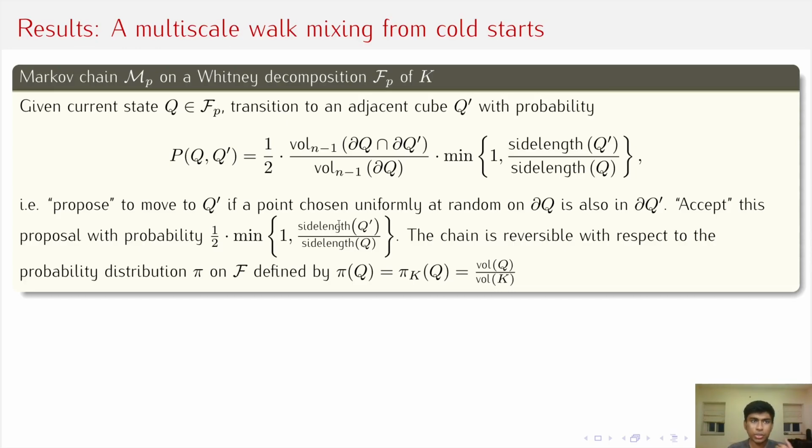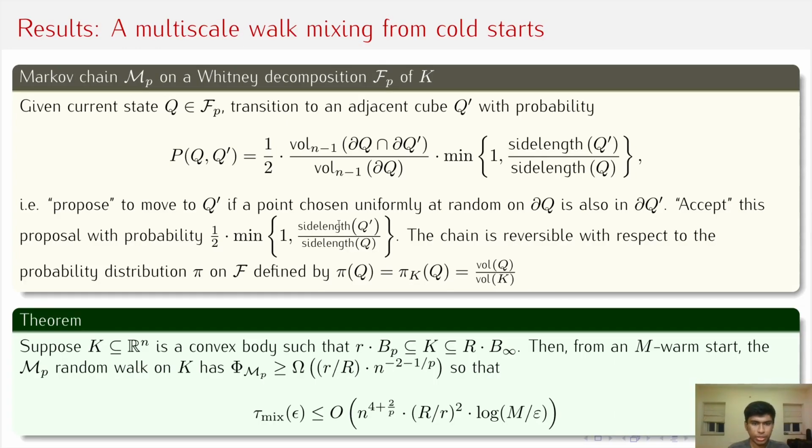So our result shows that this Markov chain mixes fast from a cold start. What we show is that the conductance of this MP Markov chain is just some inverse polynomial in terms of the dimension and the aspect ratio.